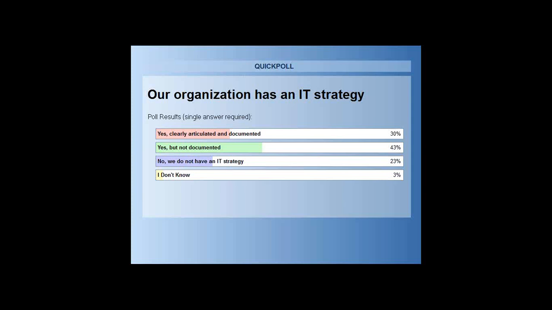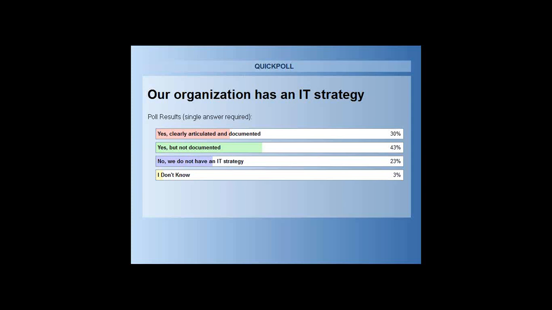The results are: 30% said that yes, there is a clearly articulated and documented IT strategy. 43% said that we do have one, but it's not documented, and 23% of the respondents believe that their organization does not have an IT strategy. 3% are not sure if they do or don't.